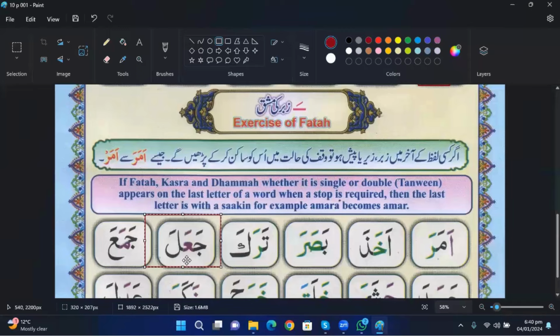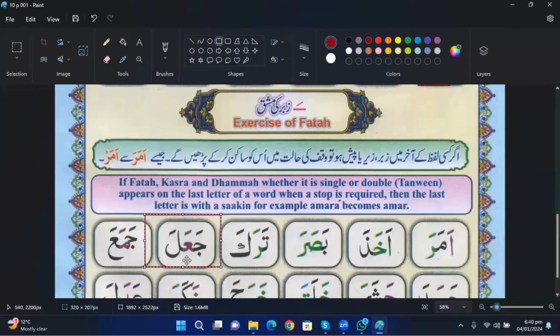Maybe you will face the issue that your students are not getting it properly, especially kids. Youngsters can understand, but sometimes students don't get how to do the stop. You don't need to worry, you can just explain how they will do stop over the letters. But in exercises you should work on how to join the letters.